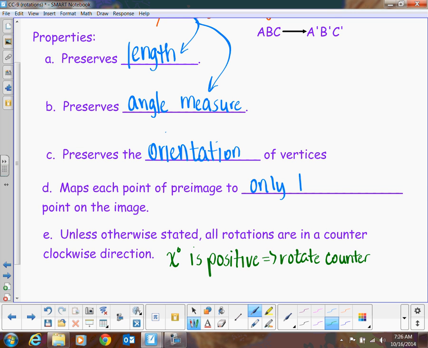This is a sneak peek to trig. If x degrees is negative, then you will rotate clockwise. This is really, really important.